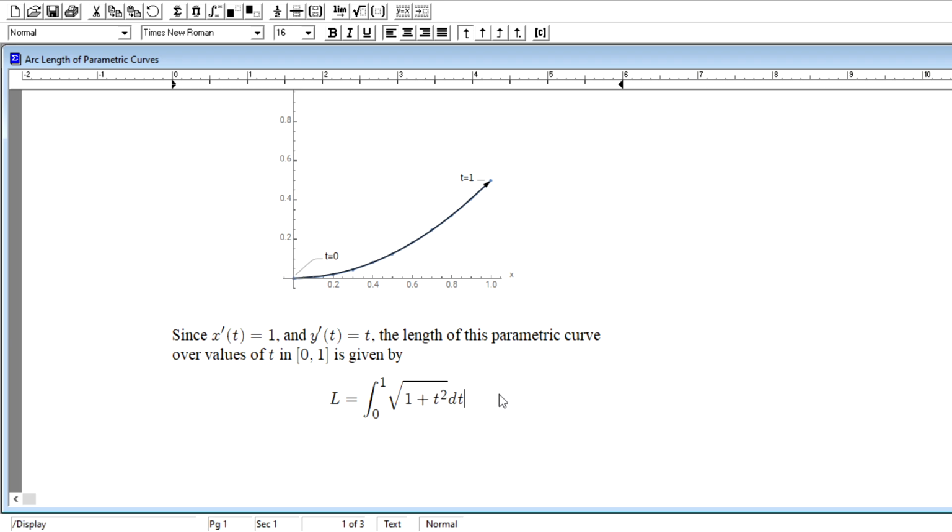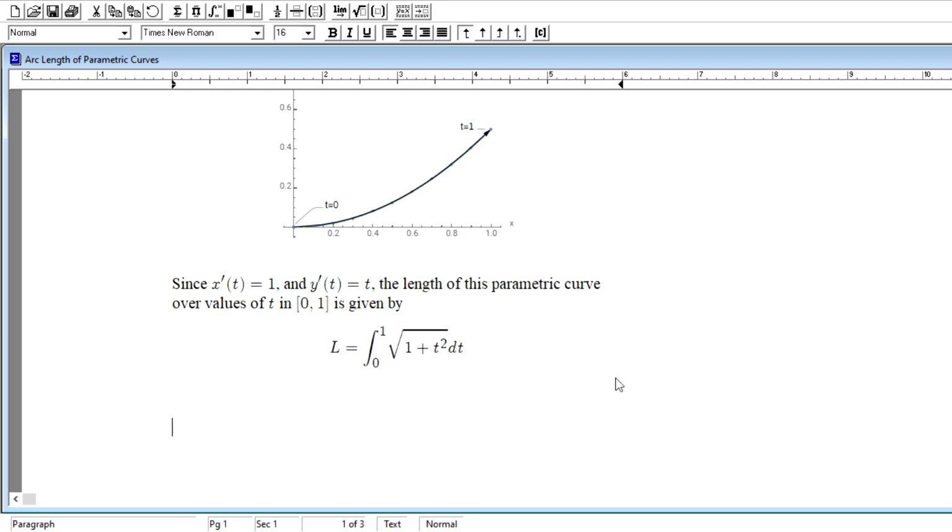Now, you may recall that this integration is in a unique form. This is an a squared plus an x squared form, but now written in terms of t being the independent variable, underneath a square root symbol.